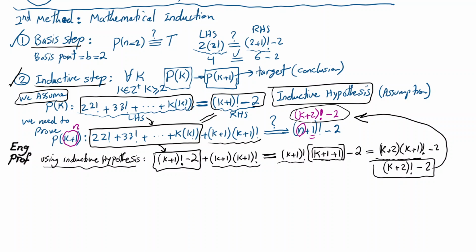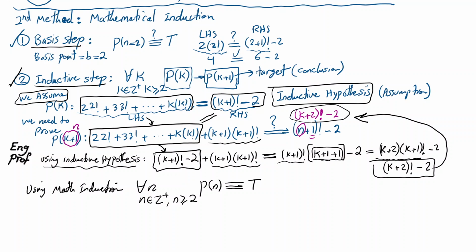Because we managed to prove both the basis step and the inductive step, and both of them are valid, then based on math induction, we can say that for all positive integers n, p of n is true.